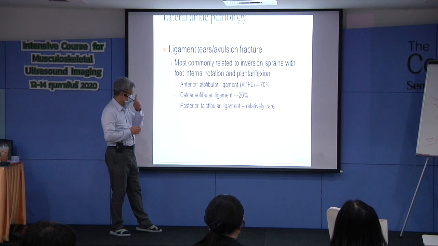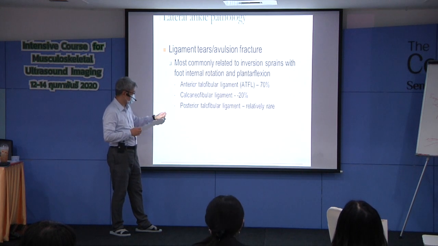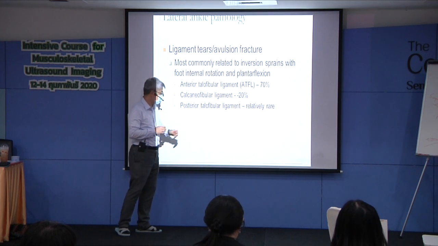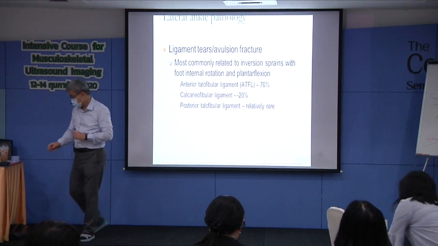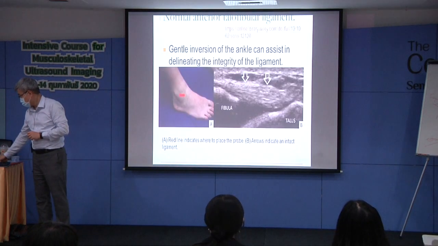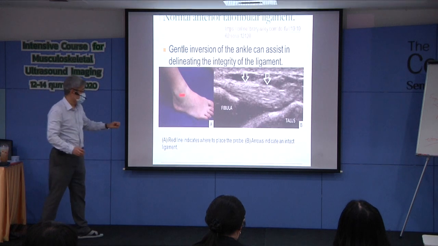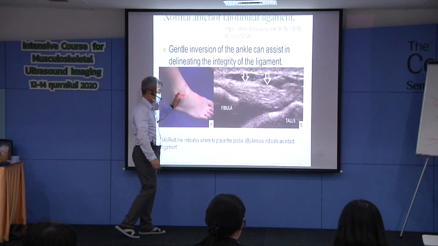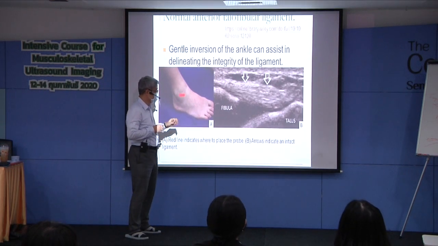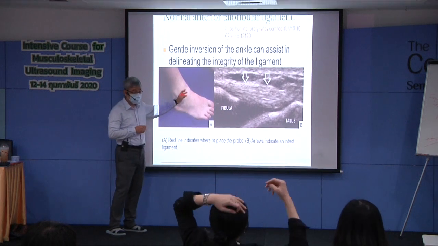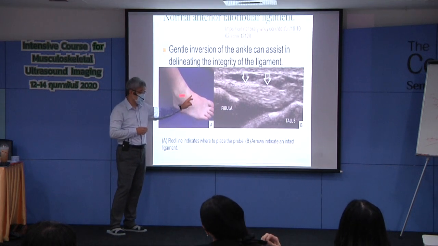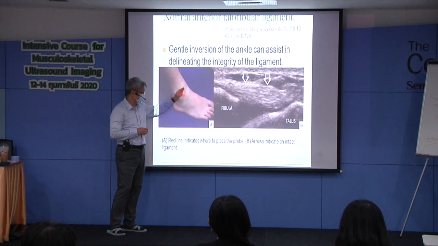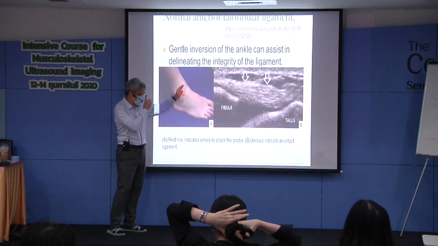And some articles or textbooks suggest it is rare in the PTFL. So we often check the ATFL first. But if the patient shows very obvious subcutaneous hematoma, I would suggest you check the AITFL as well.